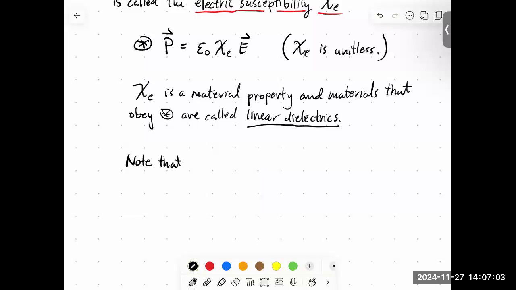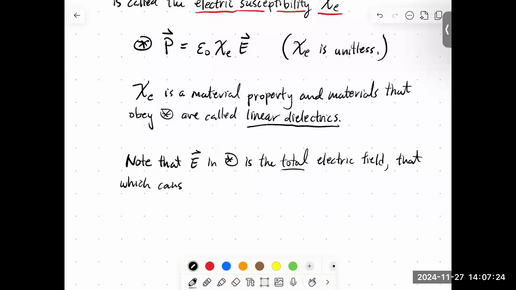So let's note that E in star is the total electric field. It's that which causes the polarization, plus the contribution from the polarized material.